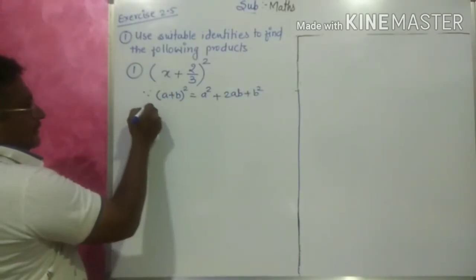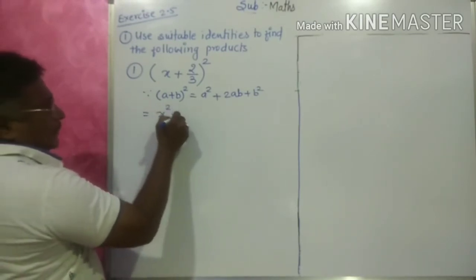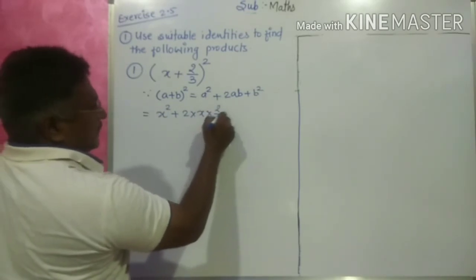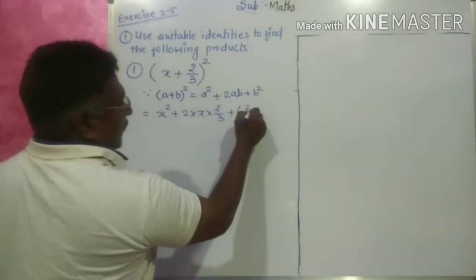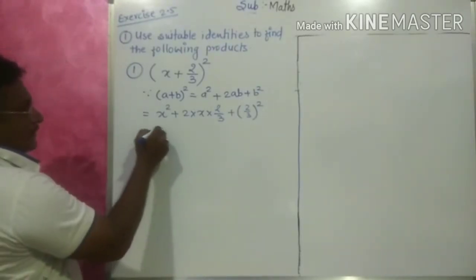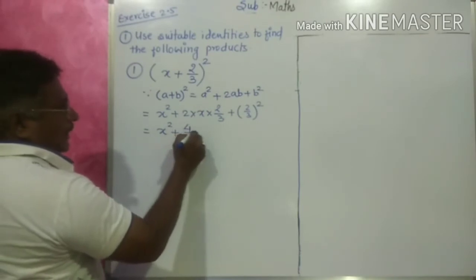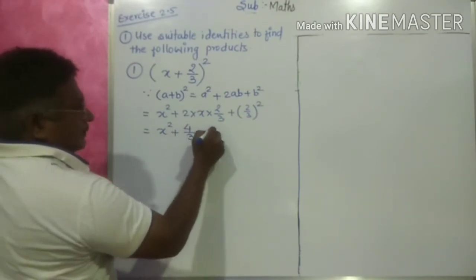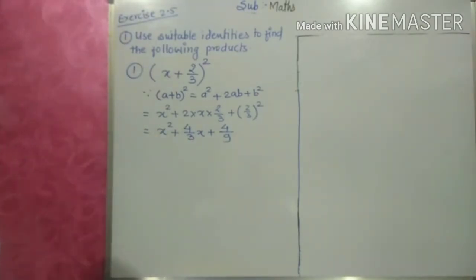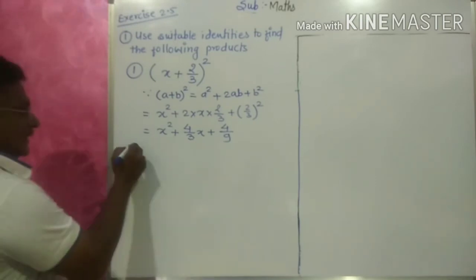What will we get? x square plus 2 into x into 2 by 3 plus 2 by 3 whole square. So we get x square plus 4 by 3 x plus 4 by 9. Understood, student, how to solve? Second example.